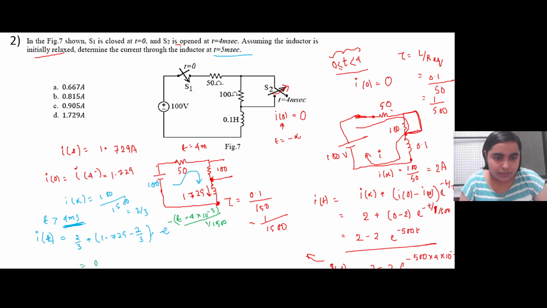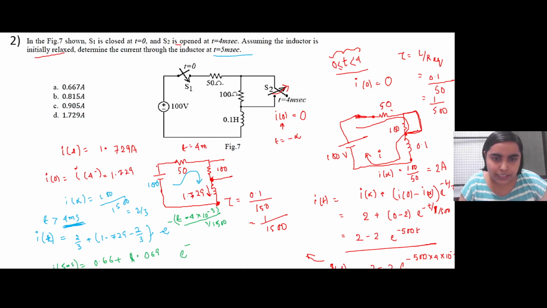So it will be 0.66 plus 1.729 minus 0.66. So this is 1.069 e raised to the power minus. Now we have to find I at t equal to 5 millisecond, right?